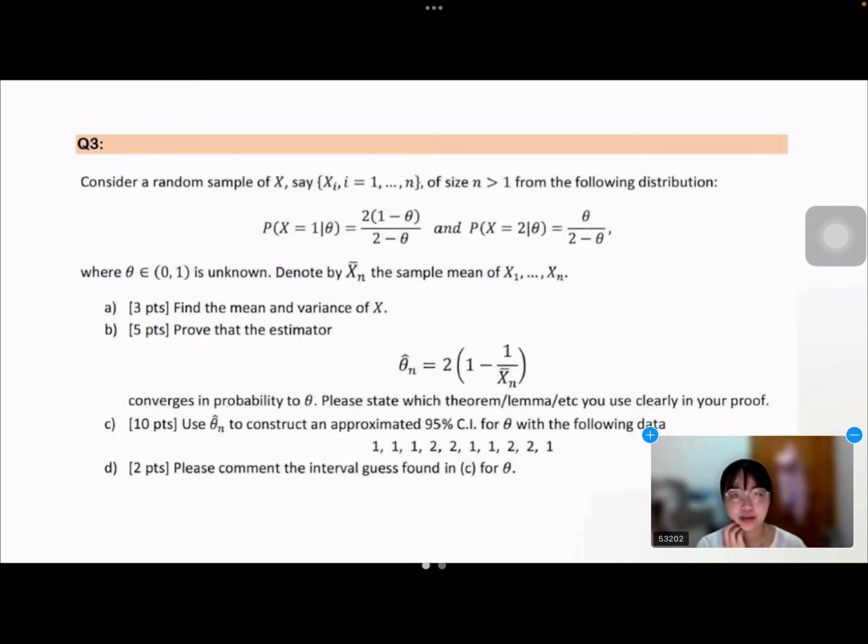Okay, let's look at the last question. It is a little complicated, but let's look at part C and part D. We find that it is the application of question 1, to construct the confidence interval and to make some comments about this interval.